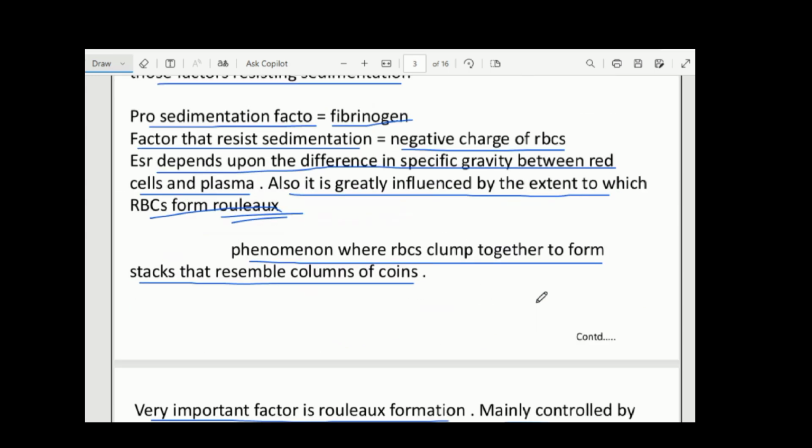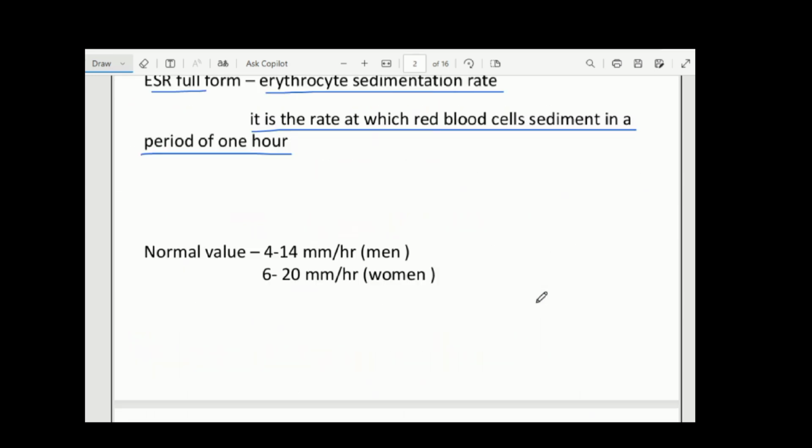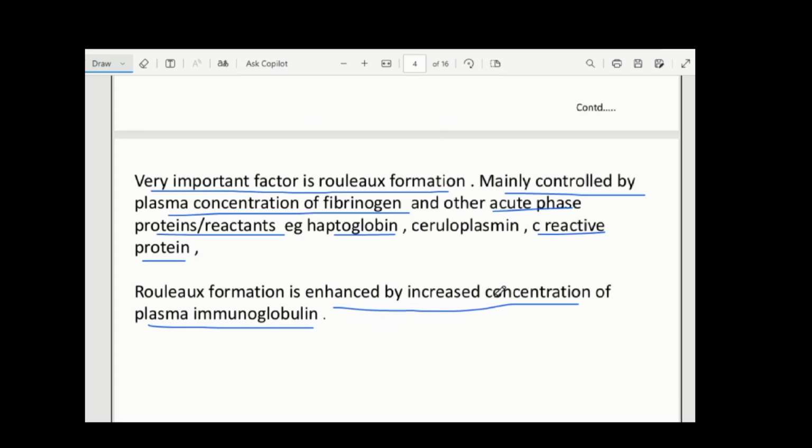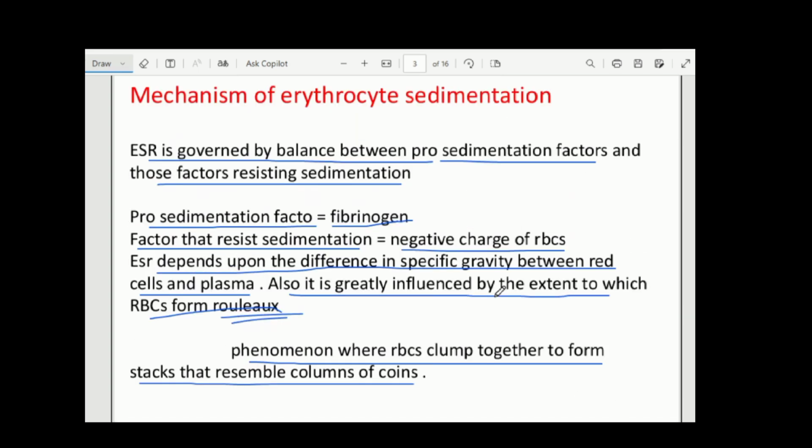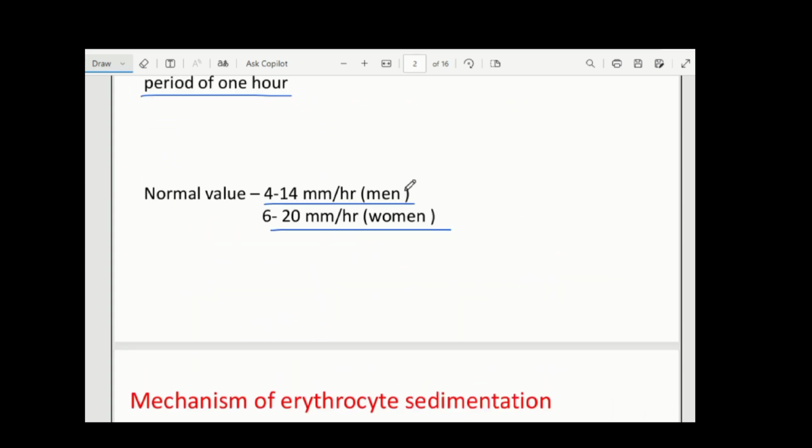Now the normal value. The general normal value is 4 to 14 millimeter per hour for men and 6 to 20 millimeter per hour for women. A general question that comes is why this value differs in men and women.